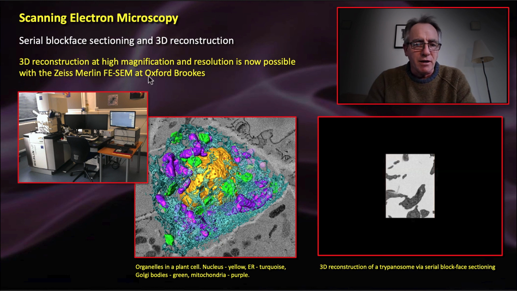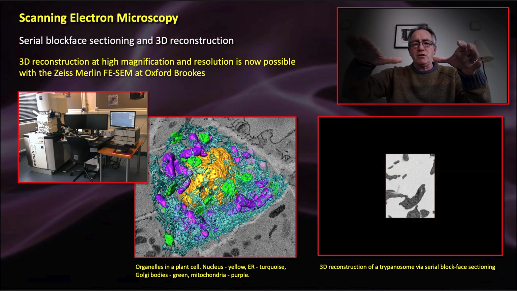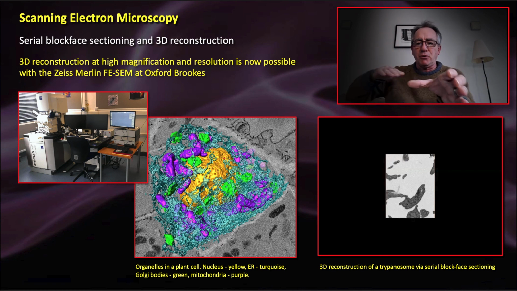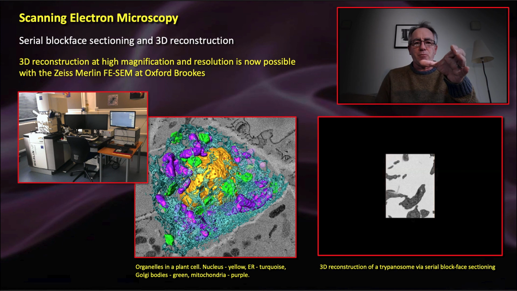What they've done is they've put one of those sectioning microtomes into the microscope where the sample is. The microscope blasts its electrons onto the surface of the block, and it makes a picture of the surface, which is the equivalent of a very thin section. Then the microtome blade cuts away a very thin section right off the top of the block, and the microscope makes another picture.